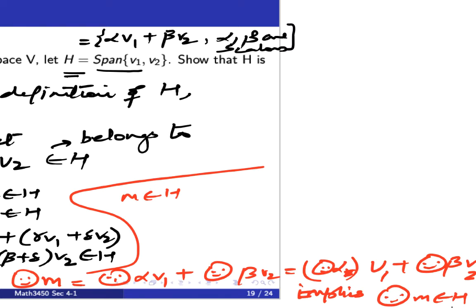So anything can become a scalar. My smiley face is a scalar, okay?